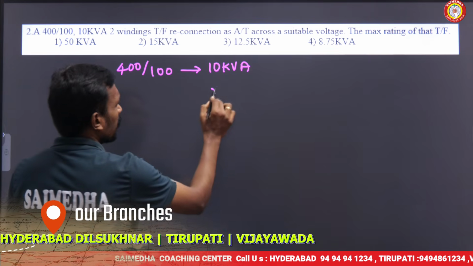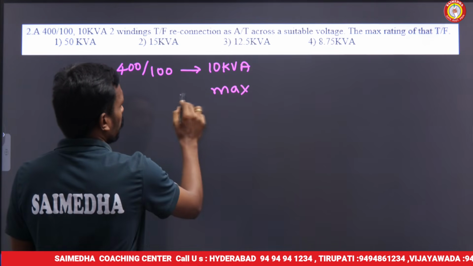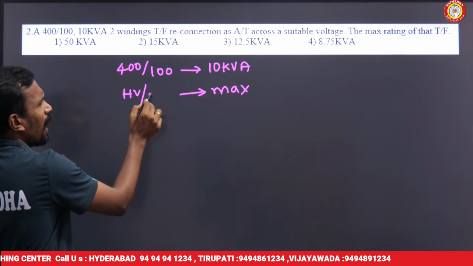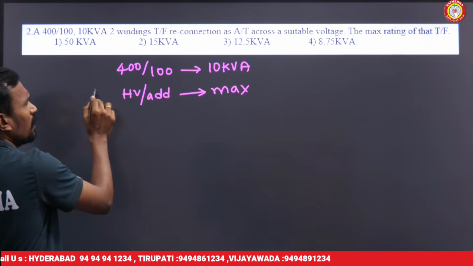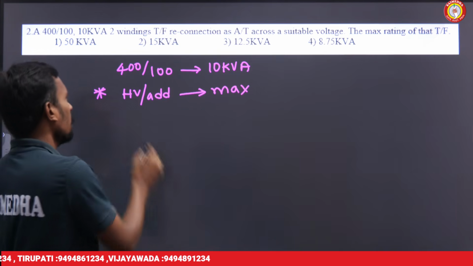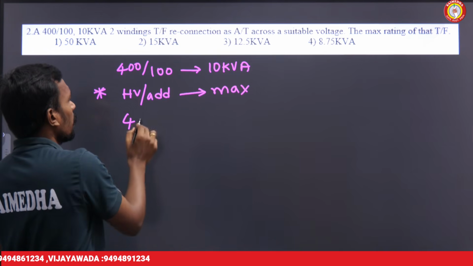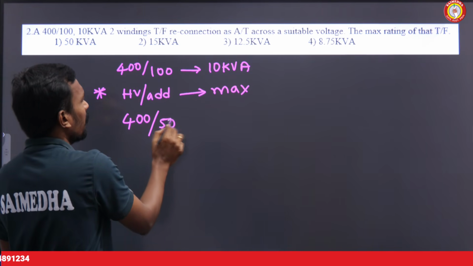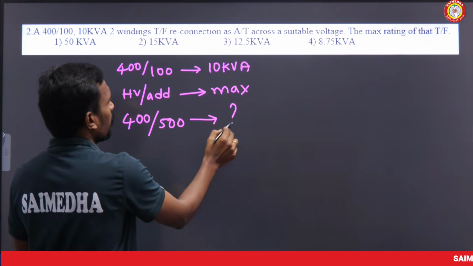In order to get the maximum rating, the auto transformer should be connected as the HV by addition of the two voltages. We already discussed this in our class. In these two, HV is 400, and the addition of these two is 500, then we can get the maximum rating.